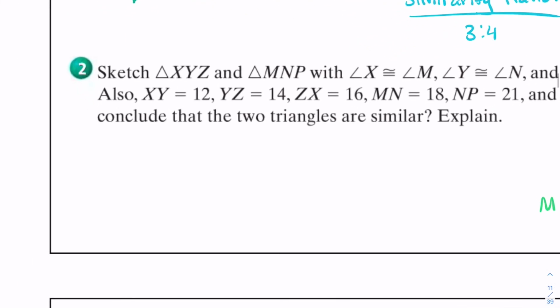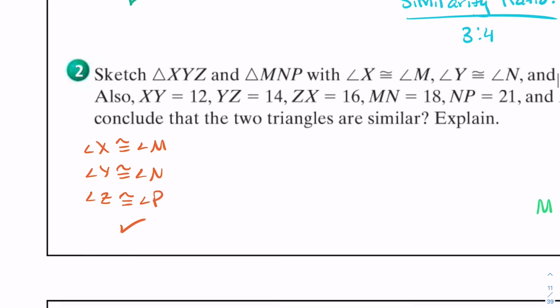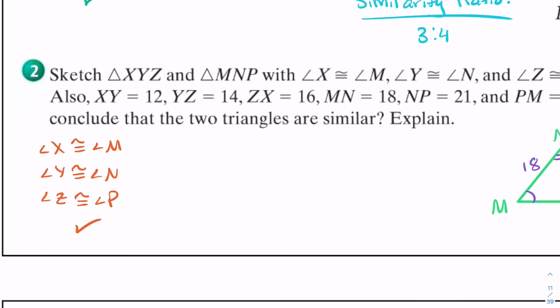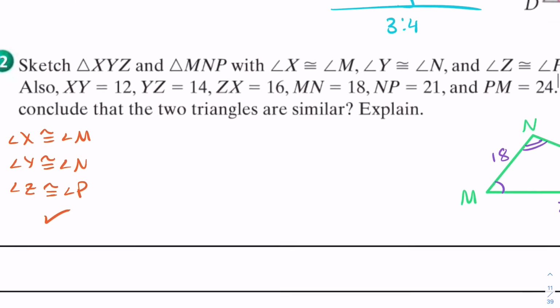I'm just going to rewrite that information. I'm going to say angle X, angle Y, angle Z is congruent to angle M, angle N, angle P. So we're going to check that box. And we're going to say we have to determine the side lengths.